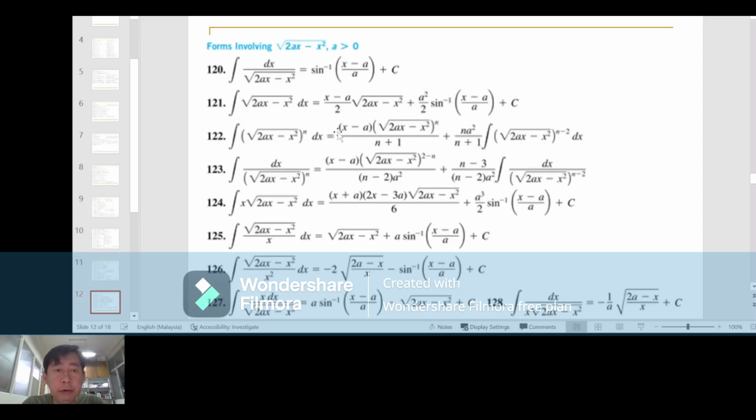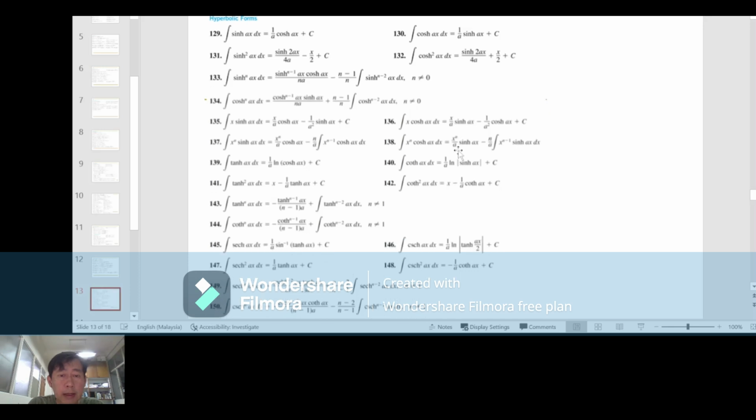This part provides a solution to functions that involve the expression of the square root of 2ax minus x squared.